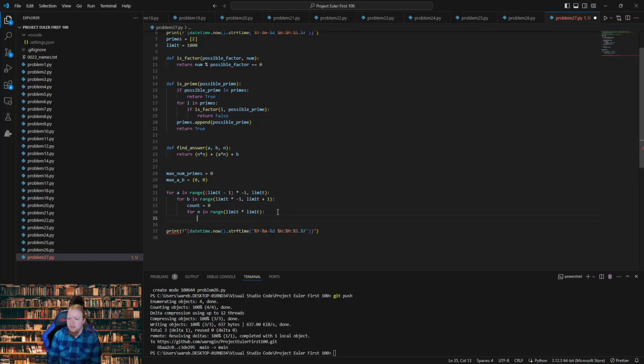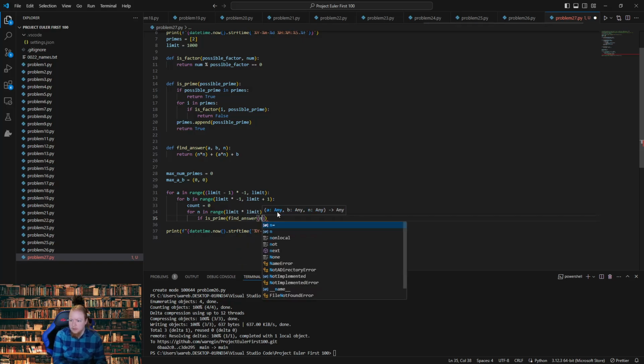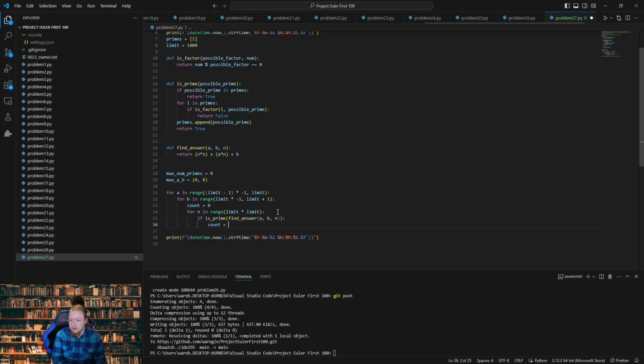So for n in range blah blah blah, if is prime, find answer a b n, then count plus equals 1, else break.